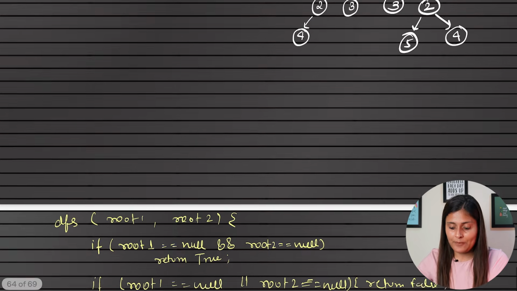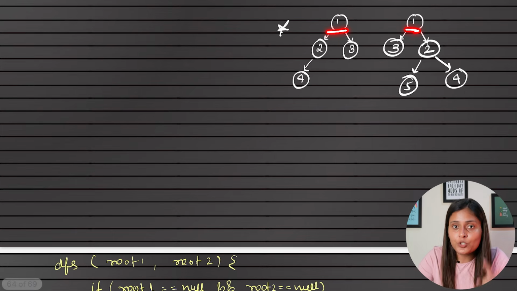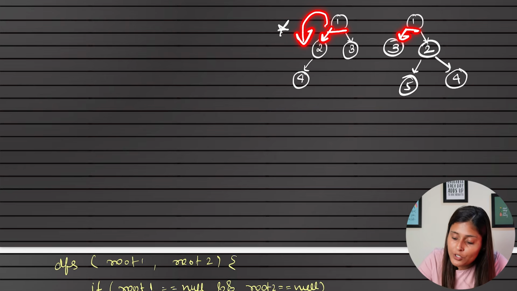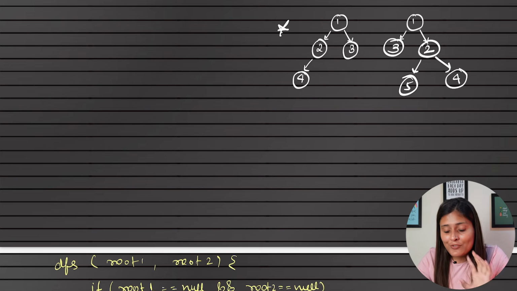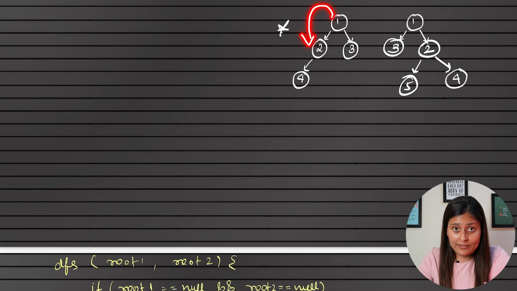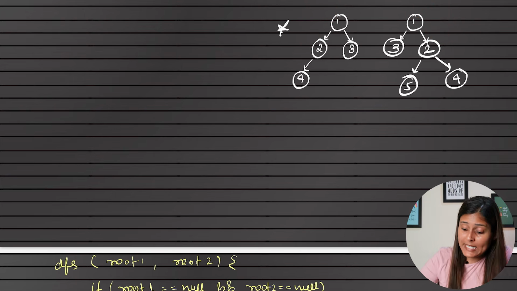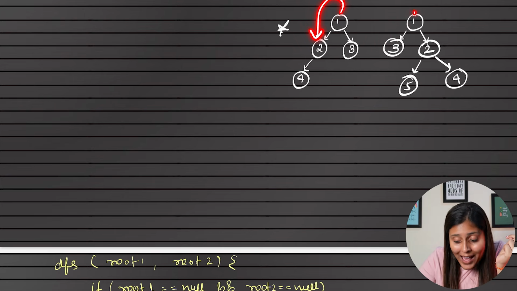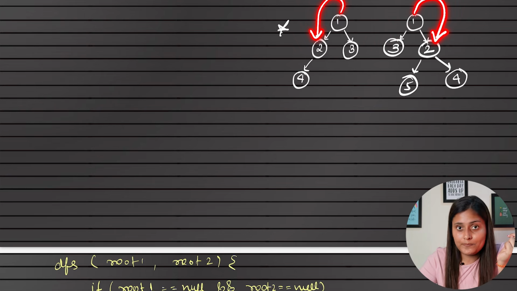The difference is when you have matched the first root and you called for the second one next time, in the same tree you will call for root 1 dot left, root 2 dot left. Remember, in the symmetric tree, for root 1 dot left you have to match with root 2 dot right, not with left. Means in same tree root 1 dot left, root 2 dot left, but in the symmetric tree root 1 dot left matched with root 2 dot right.